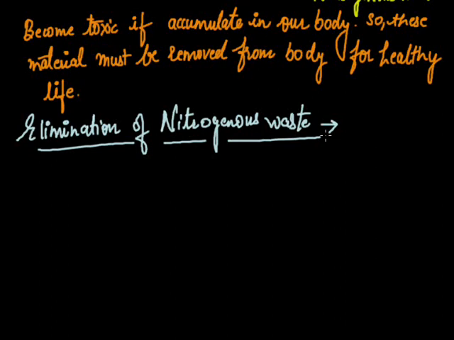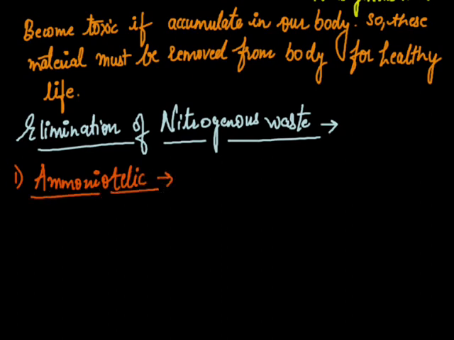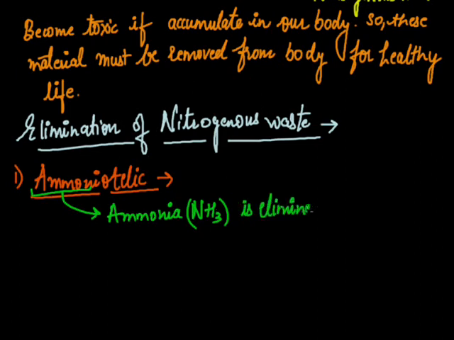The first category we deal with is ammonotelism. As the word itself suggests, here is the removal of ammonia. Here the ammonia, that is NH3, is eliminated as the nitrogenous waste.